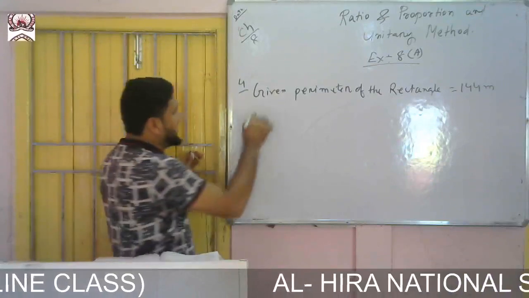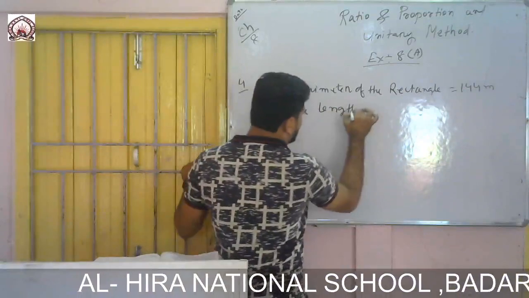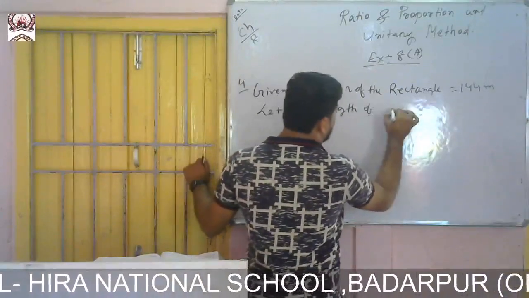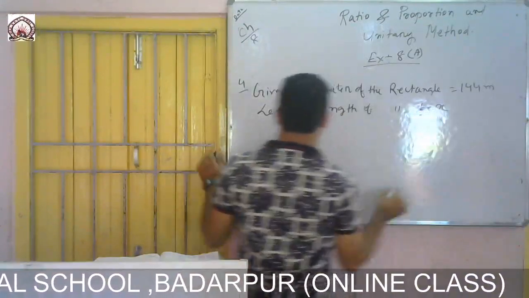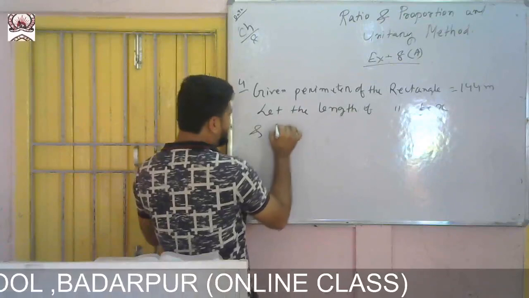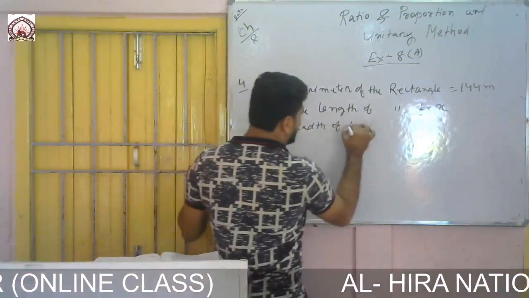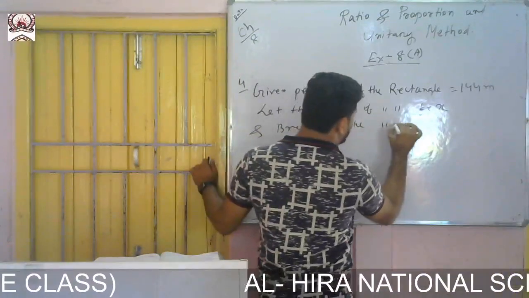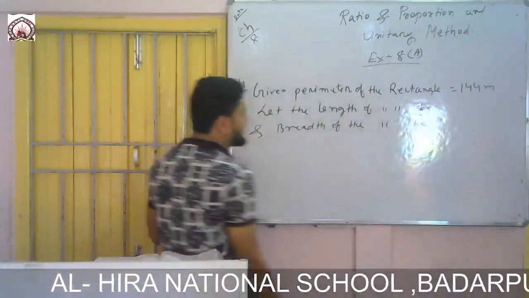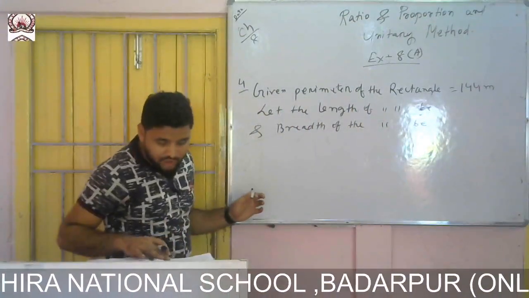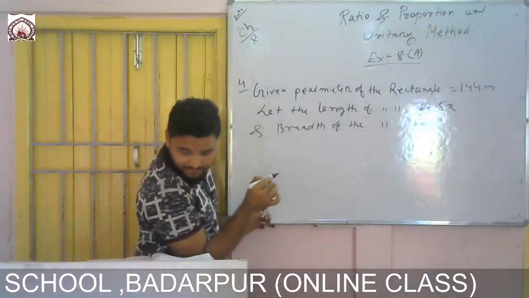Now let the length of the rectangle be 5x, since the ratio given is 5, and the breadth of the rectangle be 3x, thrice x.